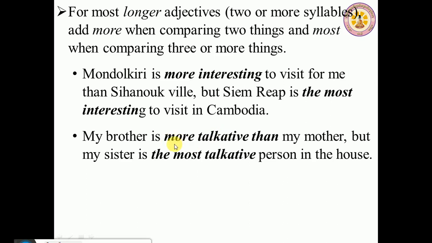So in the comparative we use "more", and in the comparative we use "than": more talkative than. And then we use "the most talkative", the superlative, because we want to compare my sister with the other persons in the house. So my sister is the most talkative person.